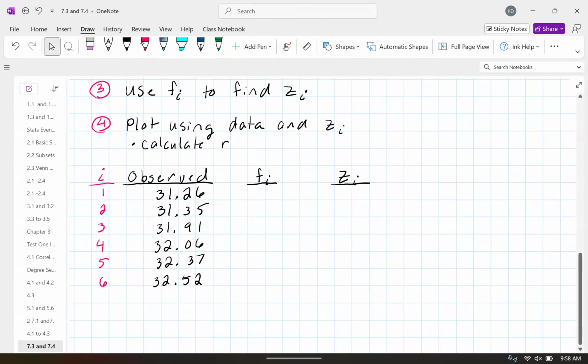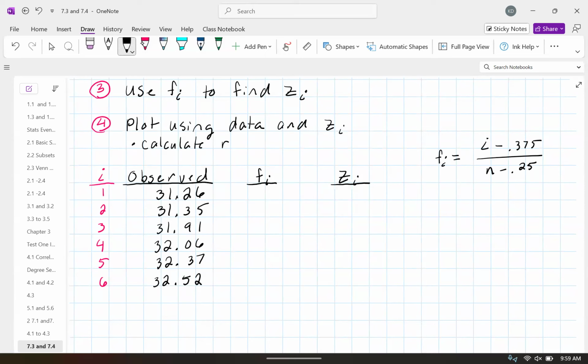Let me get my F equation again, because I lost it already. F sub I is I minus 0.375 all over N minus 0.25. The good thing about this formula, our N is consistent throughout this whole example, so we can get our denominator and we're done with that.